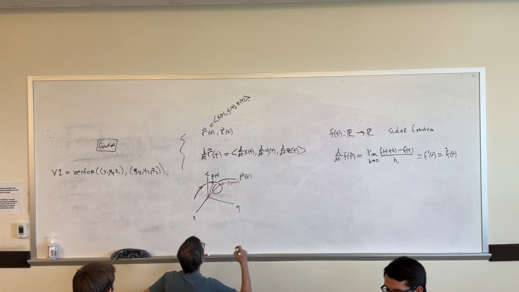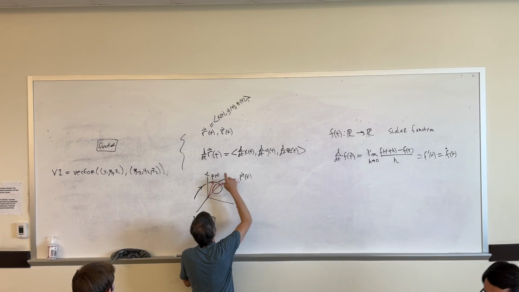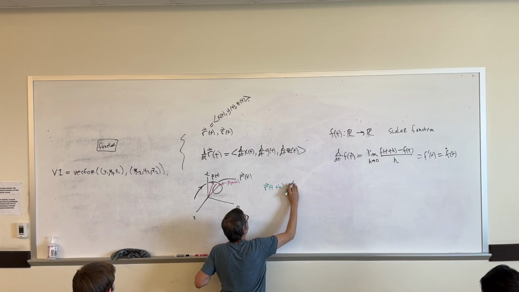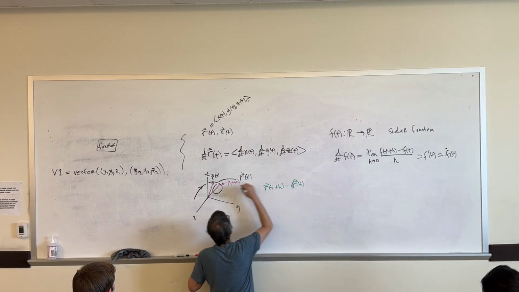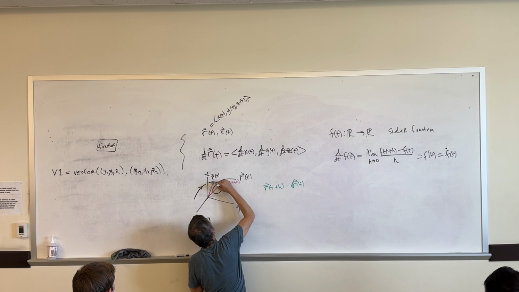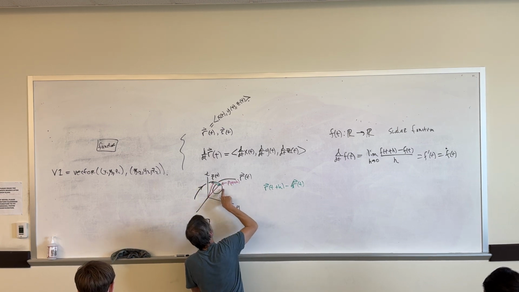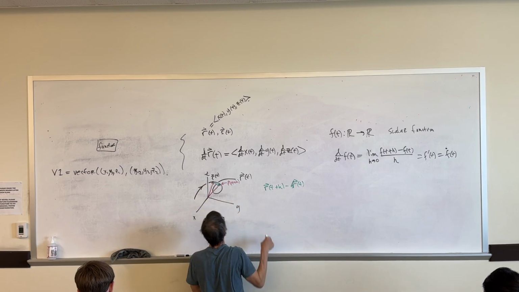So what we're going to have on top here is the later state of the vector minus the previous state of the vector. And that's actually this vector right here. That green vector is this tip minus this tip.